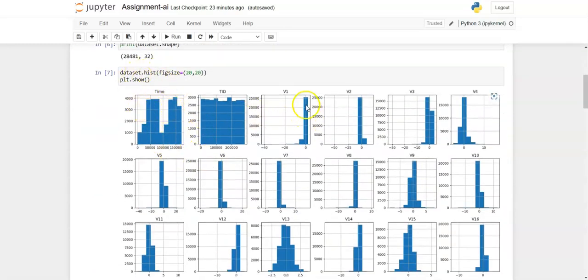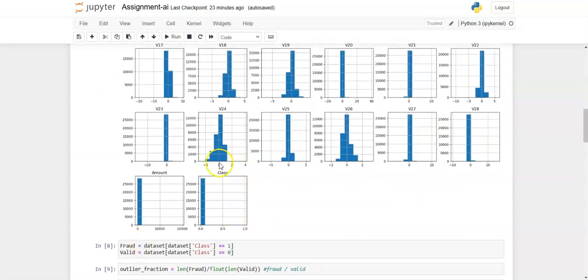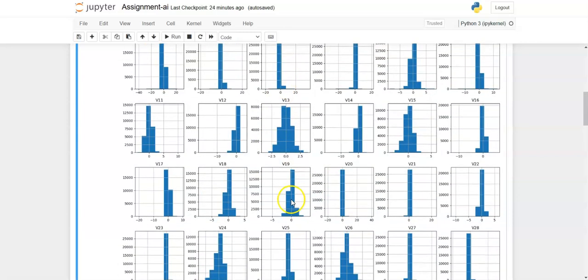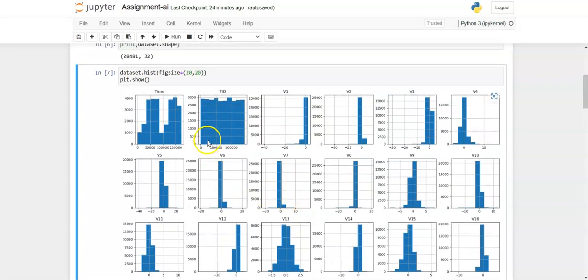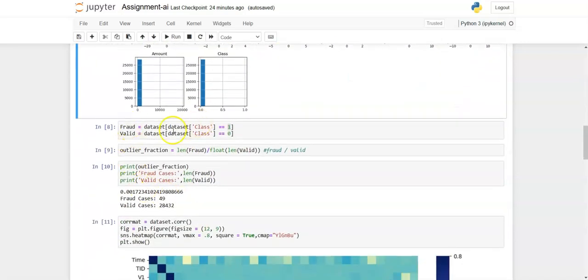Here you can see that the majority of transactions are in the zero histogram, which means valid transactions, and fraud means one. These are the fraudulent and non-fraudulent transactions, and where the value is zero, they are valid transactions.